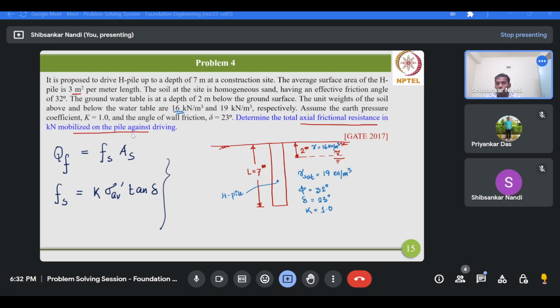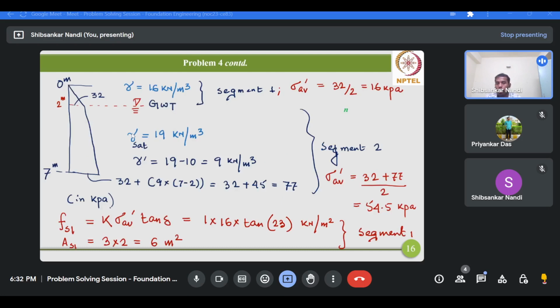So for the calculation of the unit skin friction resistance, we need to consider two segments separately, and for each individual segment, we have to calculate the unit skin friction resistance and the respective surface area separately. Then we have to add these two components to get the final contribution.